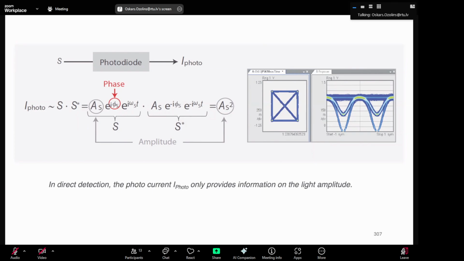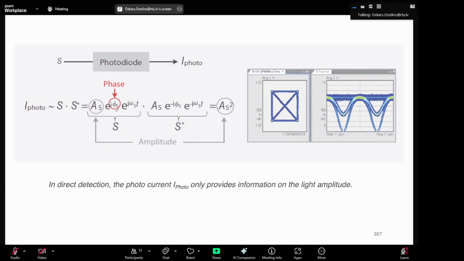And if you, for example, apply only a photodetector, then you probably will get a constellation like this. So you get an eye diagram, something like this. So you get transitions, and you don't really get information about the phase here. So eventually you get amplitude squared because it's a square law detector. So you are losing the phase information. So you need to do something with that.